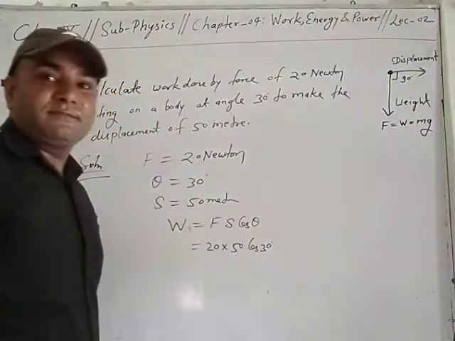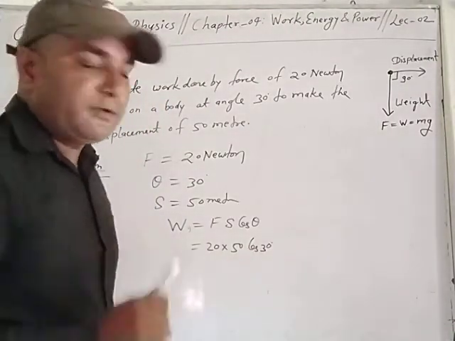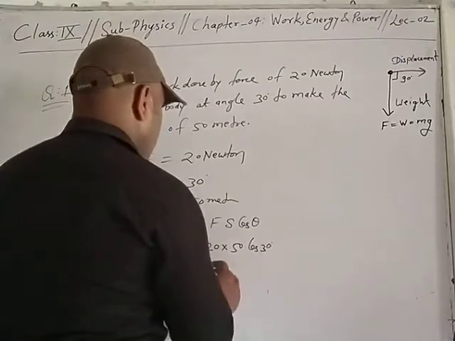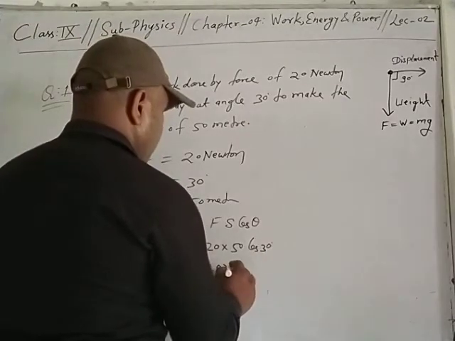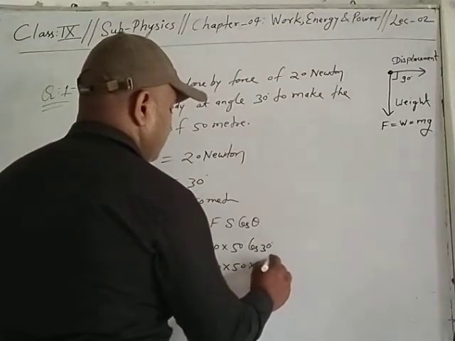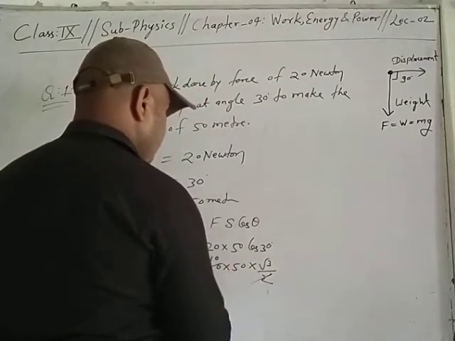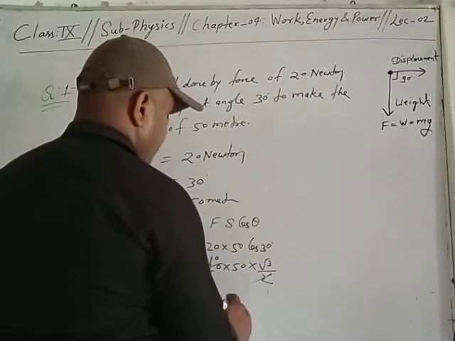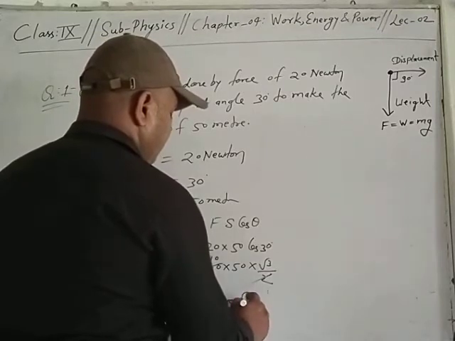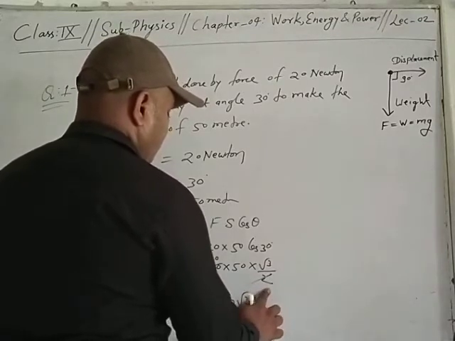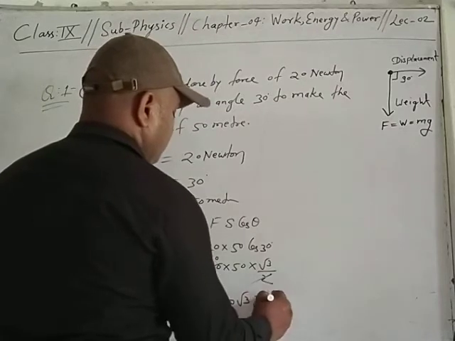The value of cos 30 is root 3 by 2. 20 into 50 into root 3 by 2, and the 2 here gives 10. Then 500 root 3, that is joule.